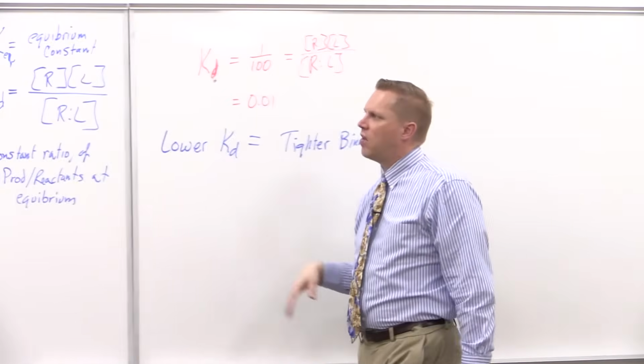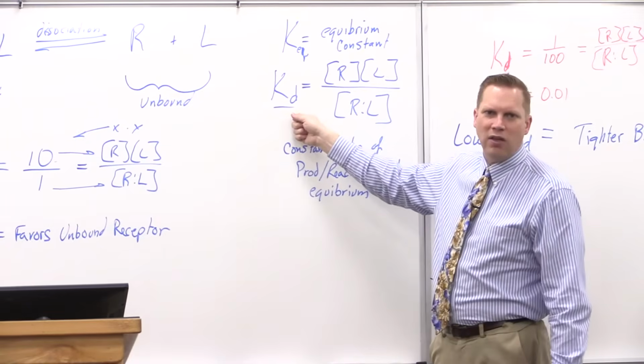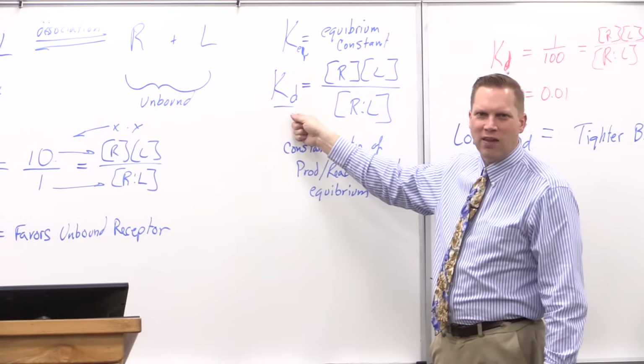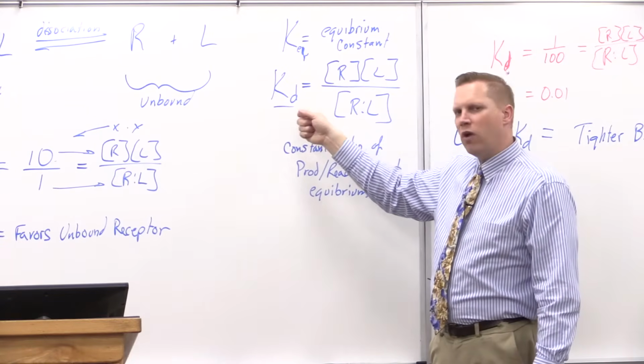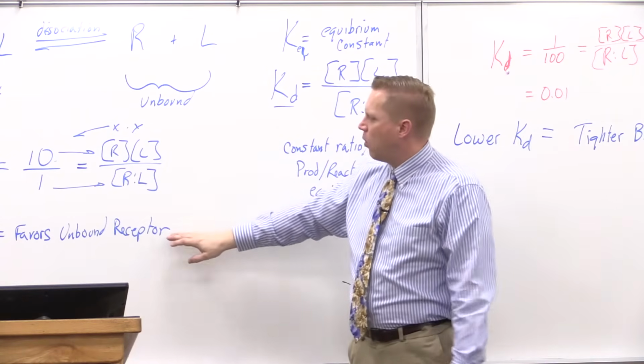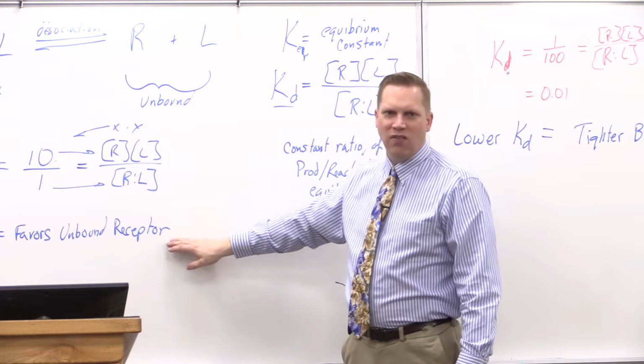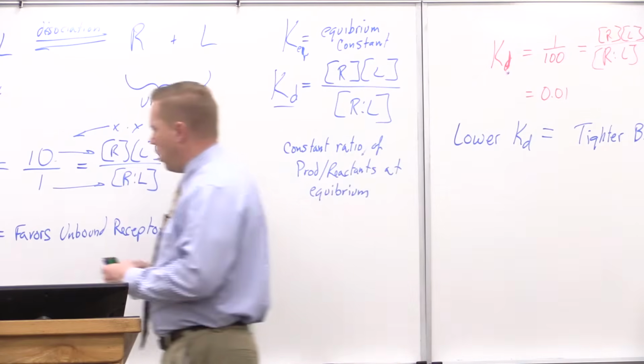So any kind of receptor interaction, we are going to be interested in this value called the Kd for that reaction or that interaction. And then once we know that Kd, we're going to look at it and say, well, if it is greater than 1, it favors the unbound or free form.